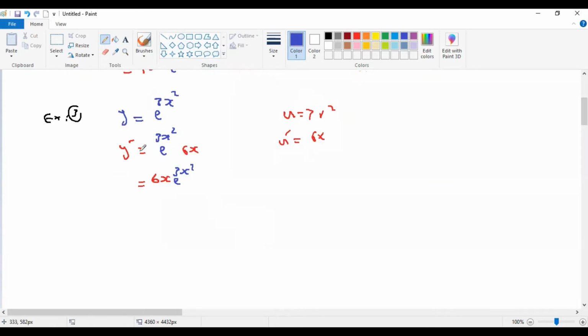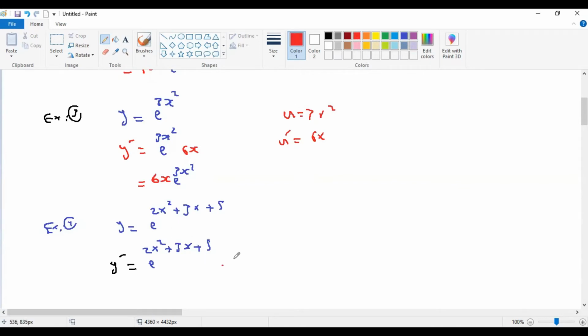Okay, another example. Example number 4. Let us say y is equal to e to the power x squared plus 3x plus 5. Now see, the derivative, y prime, is equal to the same e. Rewrite it, copy and paste, e to the power 2x squared plus 3x plus 5, multiplied by the derivative of the power.